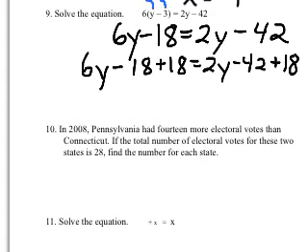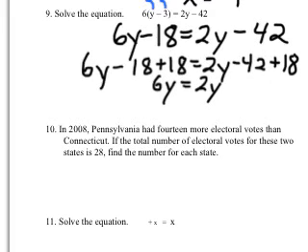Okay, the 18's on the left side of the equation cancel themselves out, so we have 6y equals 2y. Negative 42 plus 18 is a negative 24. You can do that on the side. You take 42, since they're opposite signs, negative 42 and there's a positive 18. So we take 42 minus 18 and we get 24.